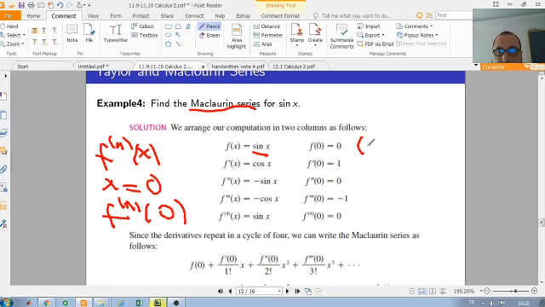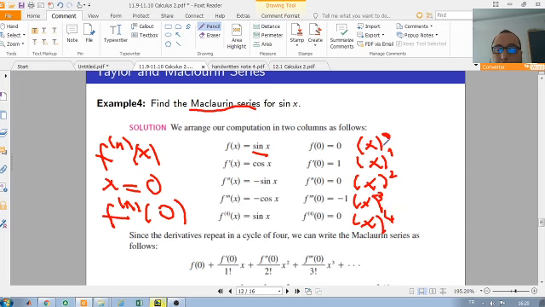Actually, we have here x to the power 0. This one is x to the power 1 in the formula. This one is x to the power 2. This one is corresponding to x to the power 3. This one is x to the power 4, and so on.